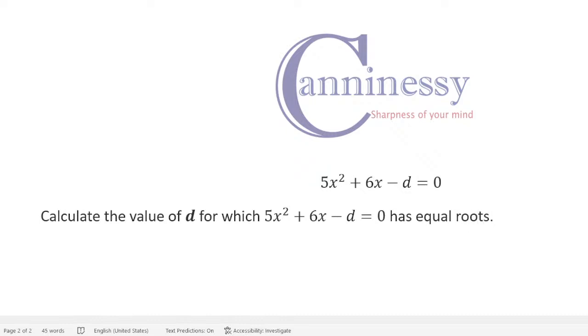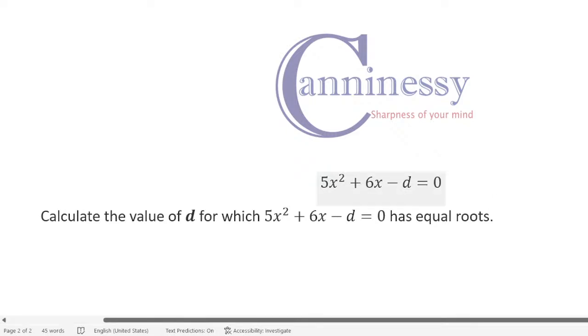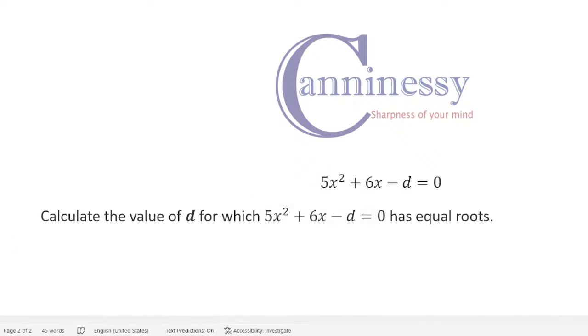Perfect. So we have this equation, 5x squared plus 6x minus d is equal to 0. The question says calculate the value of d for which 5x squared plus 6x minus d is equal to 0 has equal roots.